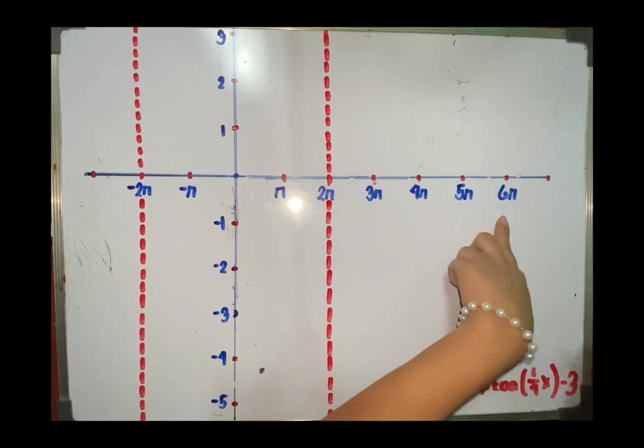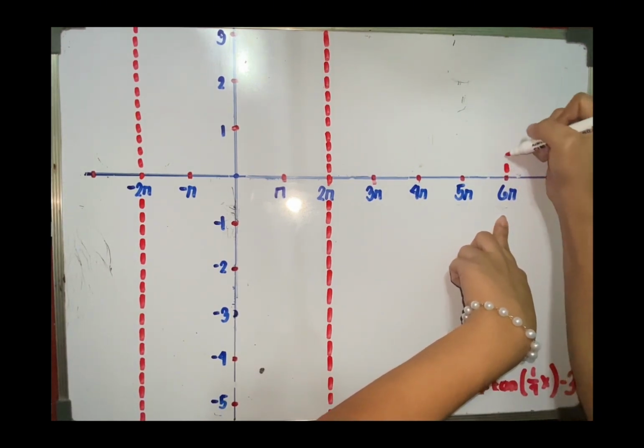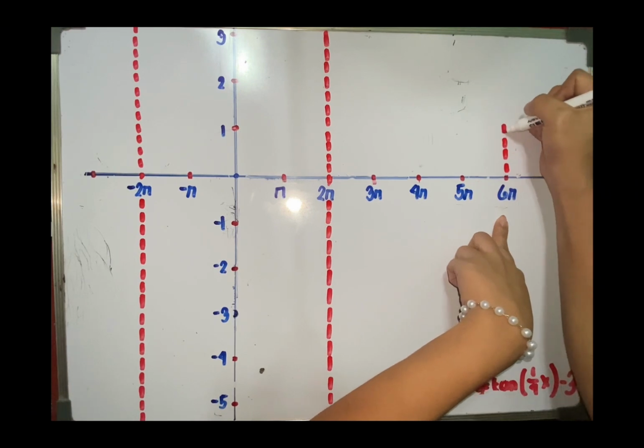Then for our last asymptote, we have to do it as well at 6 pi.